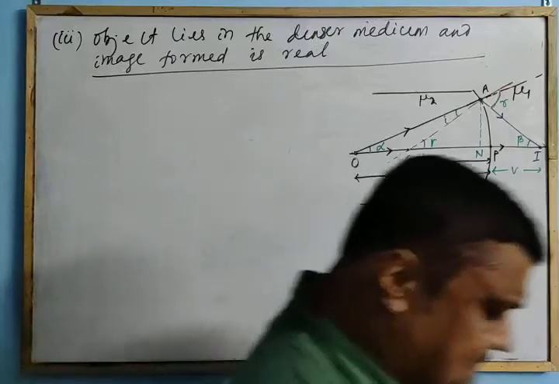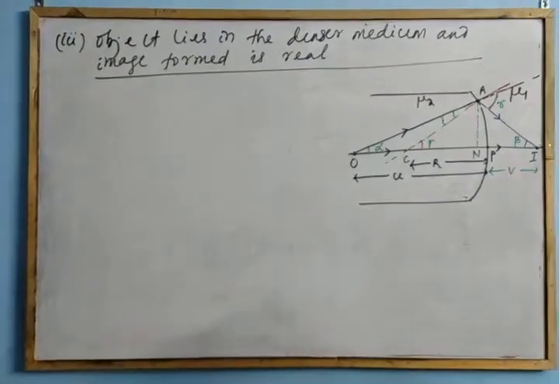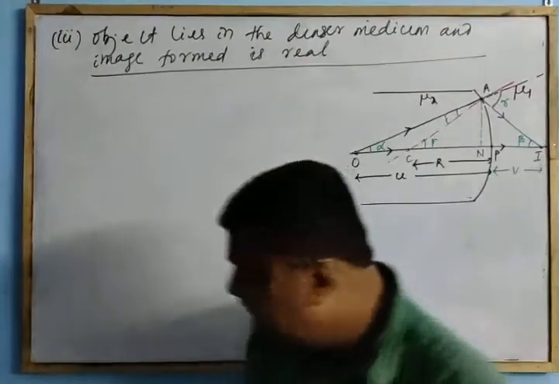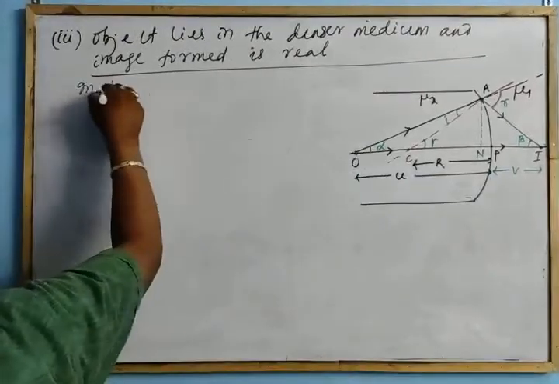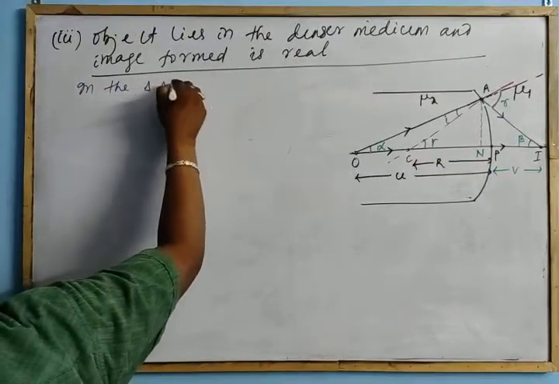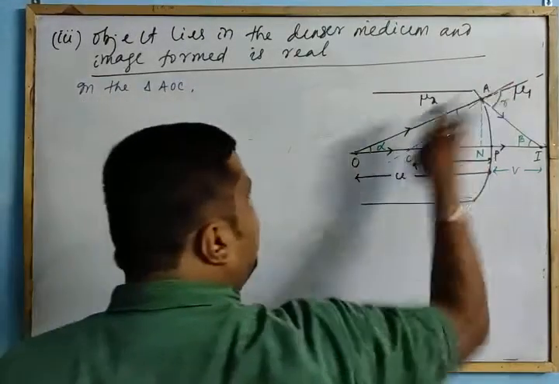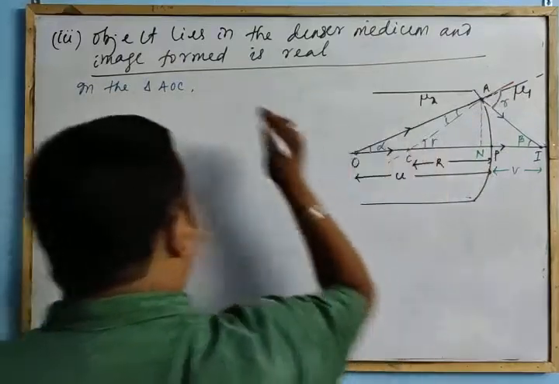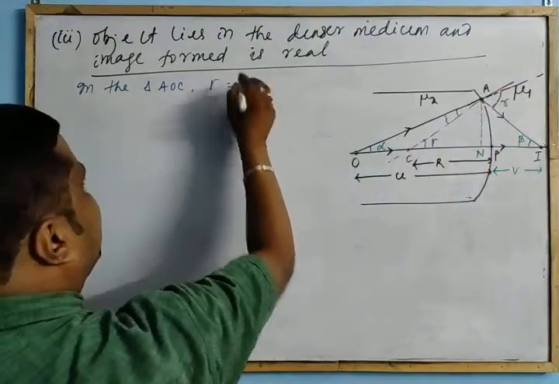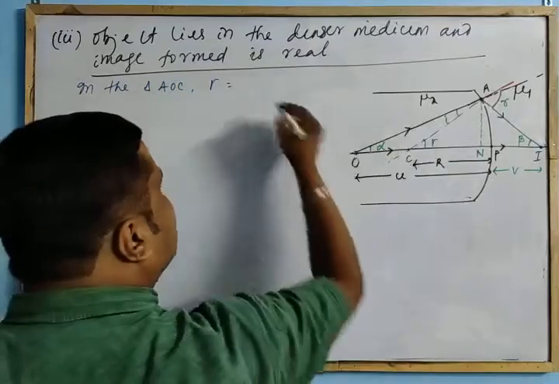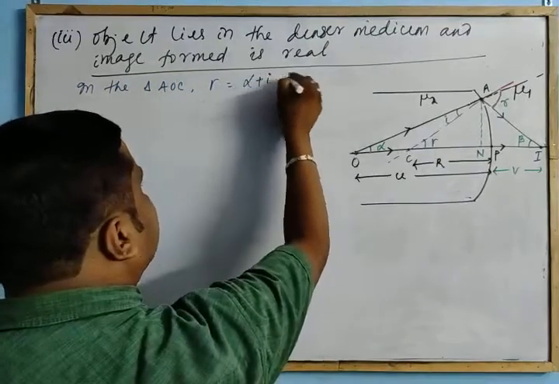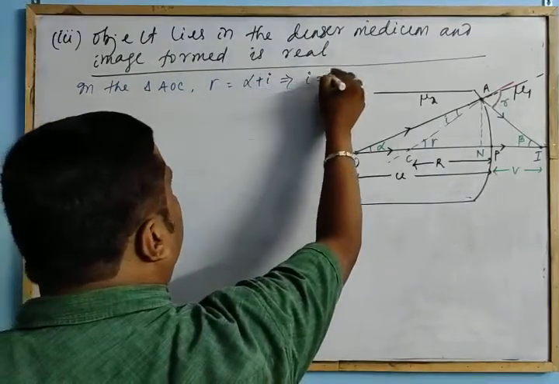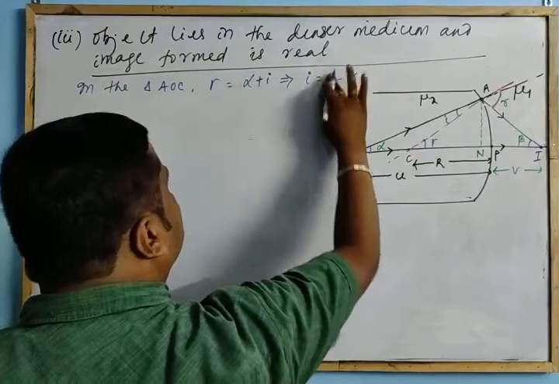Now you derive the case. In the triangle AOC, the exterior angle is gamma. Gamma is equal to alpha plus i. This implies i is equal to gamma minus alpha.